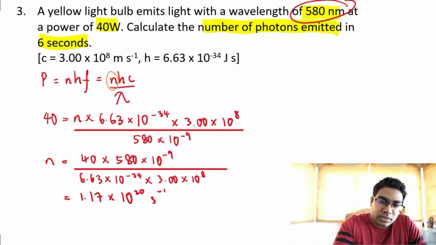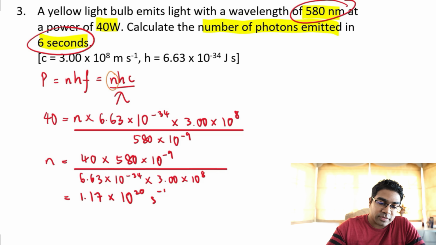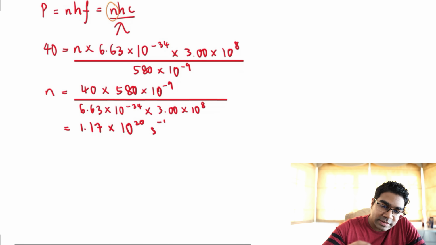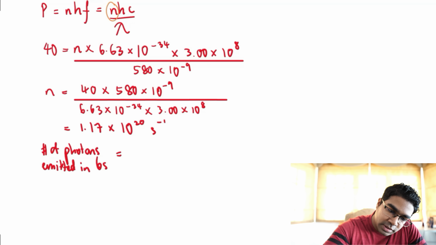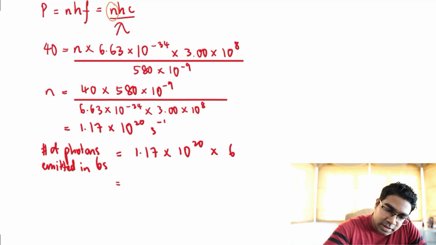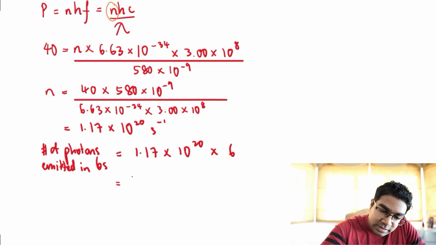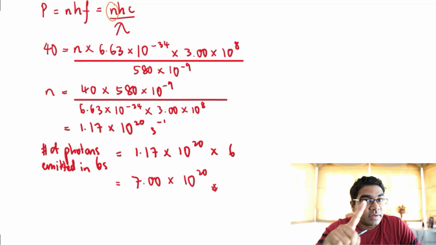The question wants you to find the number of photons emitted in 6 seconds, so we multiply this by 6. 1.17 times 10 to the power of 20 multiplied by 6 gives 7.00 times 10 to the power of 20 photons. Remember not to give your answer in only one significant figure.